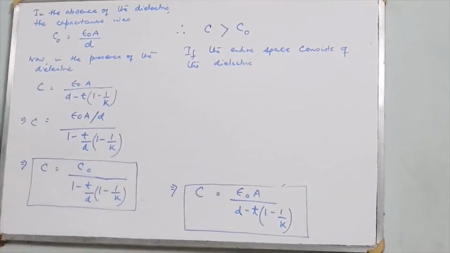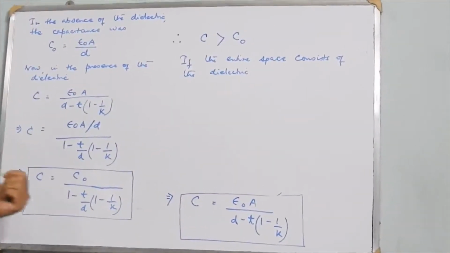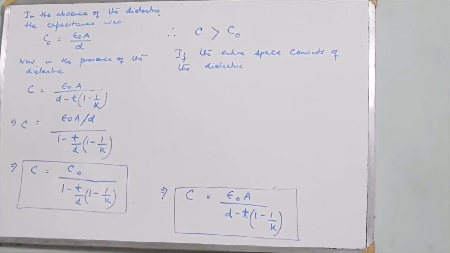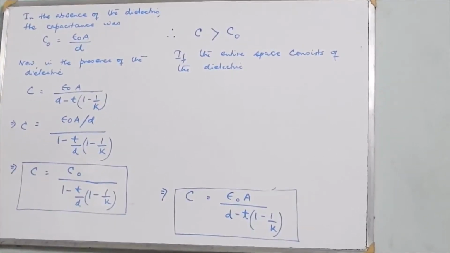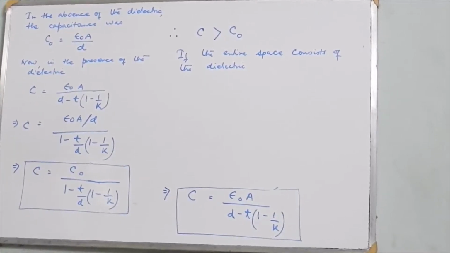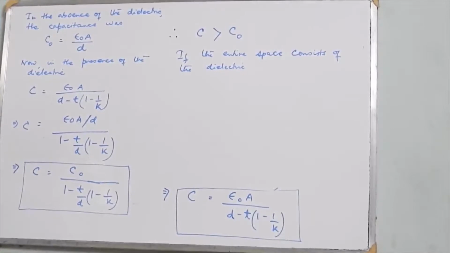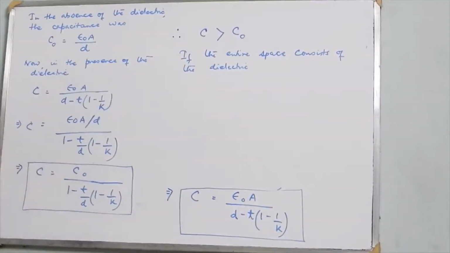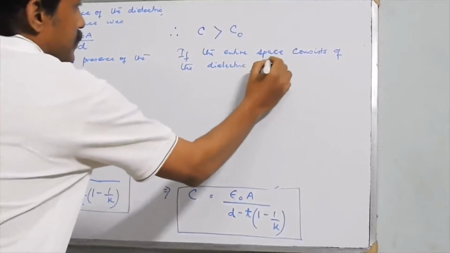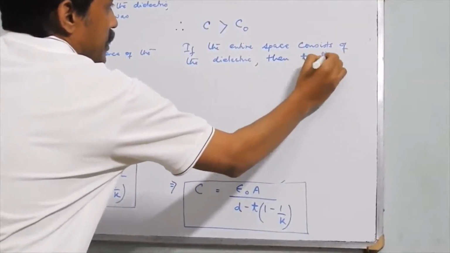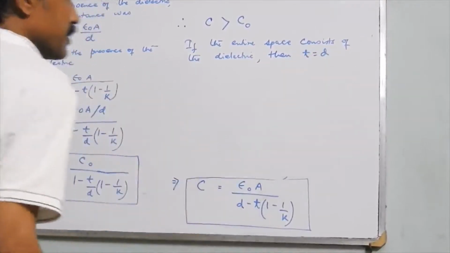So definitely this T becomes 0, and therefore what we have is C equal to epsilon 0. If the entire space consists of the dielectric, then T covers the entire space, that is T is equal to D.